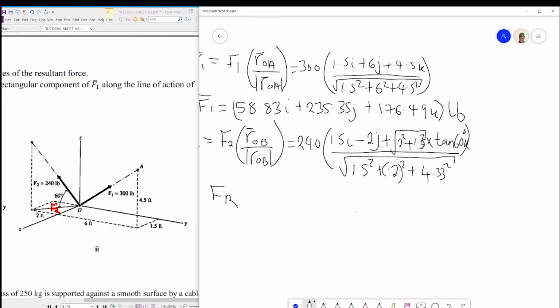So our FR is equal to F1 plus F2. Oh, we haven't even calculated the F2 already.